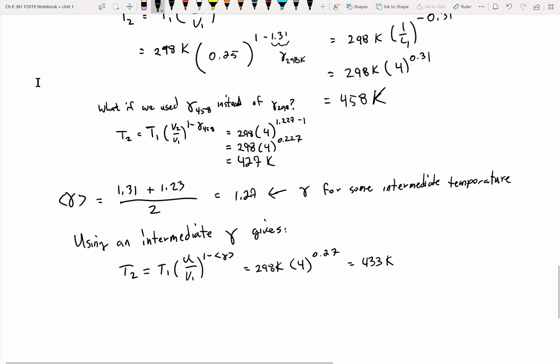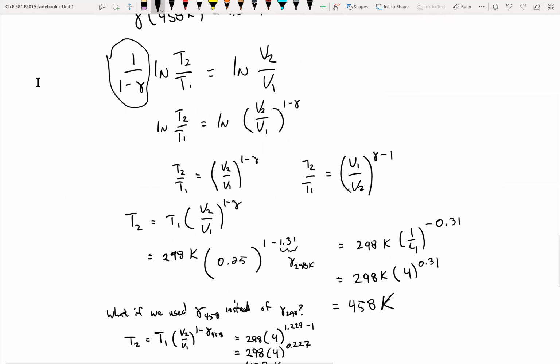Okay, I am going to assert right now that the exact answer is within 1 degree C of 433 Kelvin. I think I might have enough time to actually show you how to get to that exact answer.